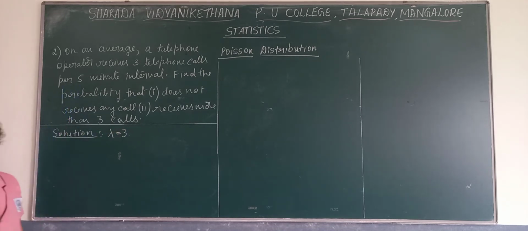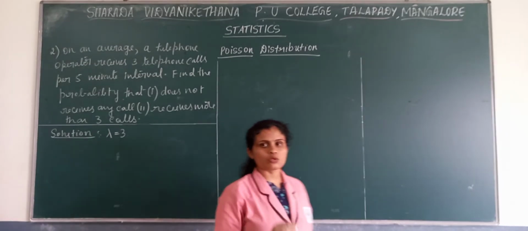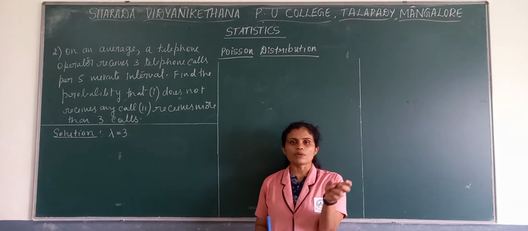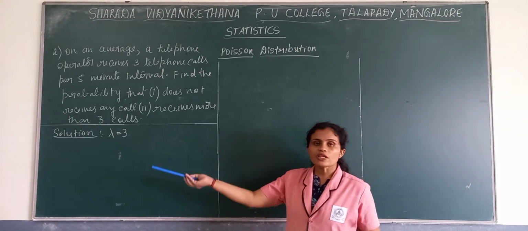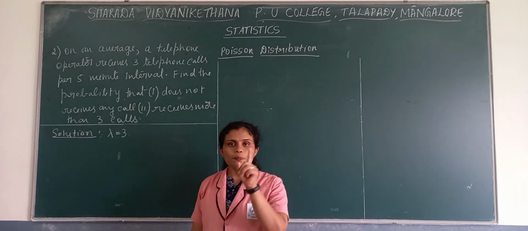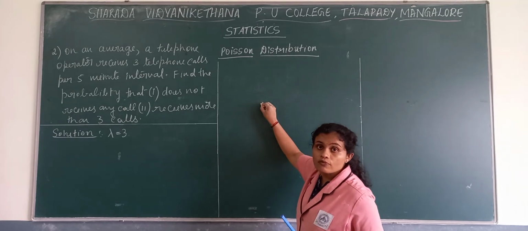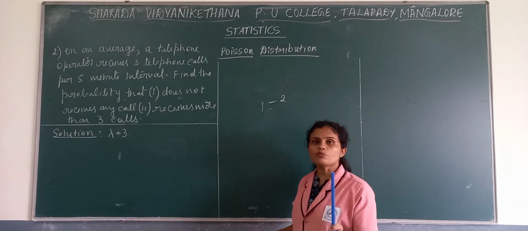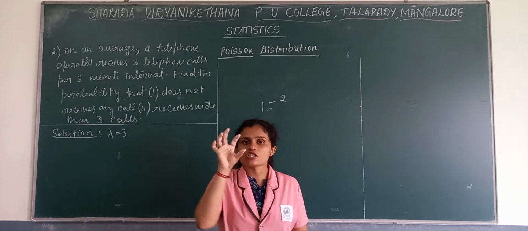Then what is that 5? That is 5 minutes. See, in case of Poisson distribution, they will give the number with very much specification. In the previous problem, per page means one page. For one page, what is the mistake? 2 mistakes per page. So they will give clearly the specification.